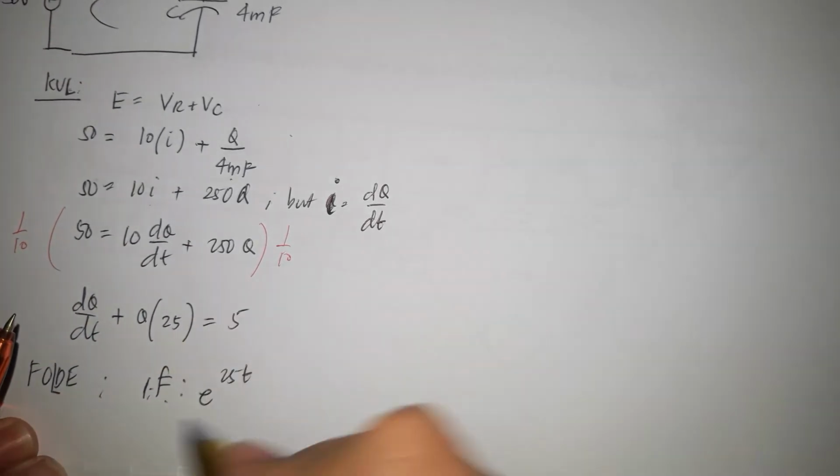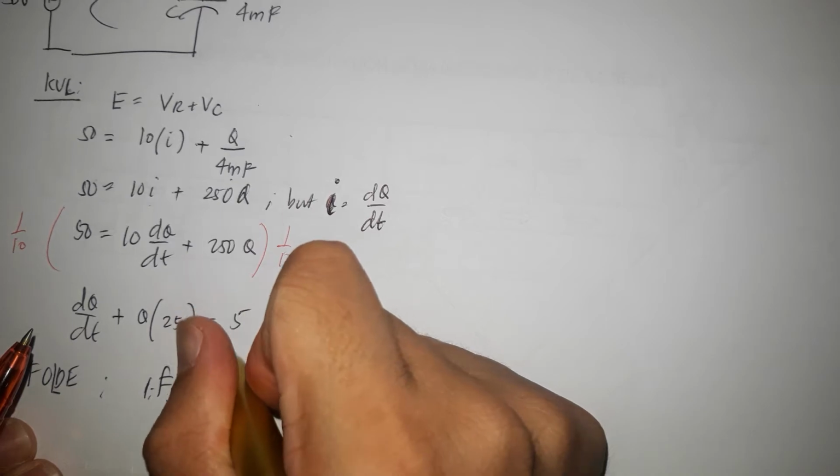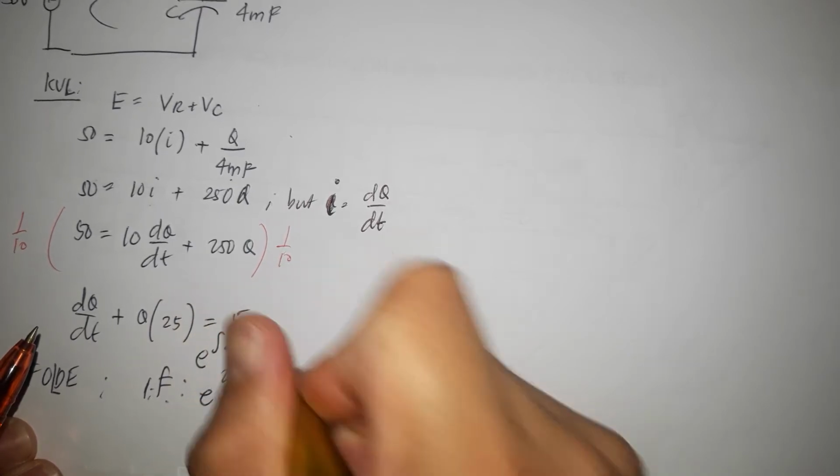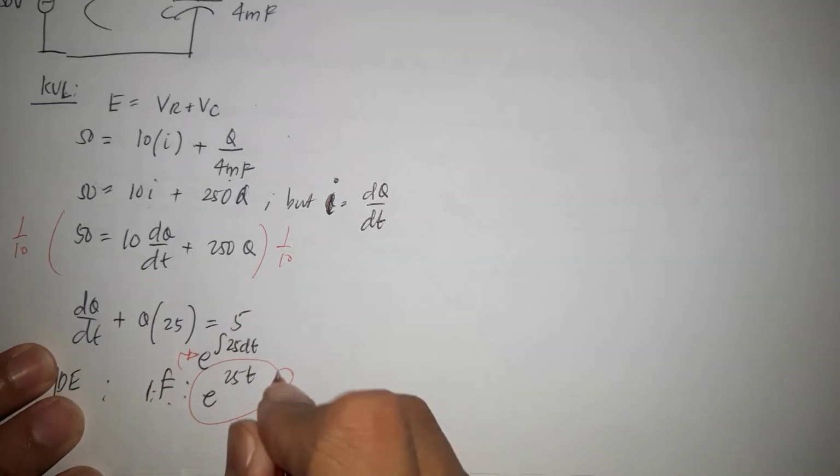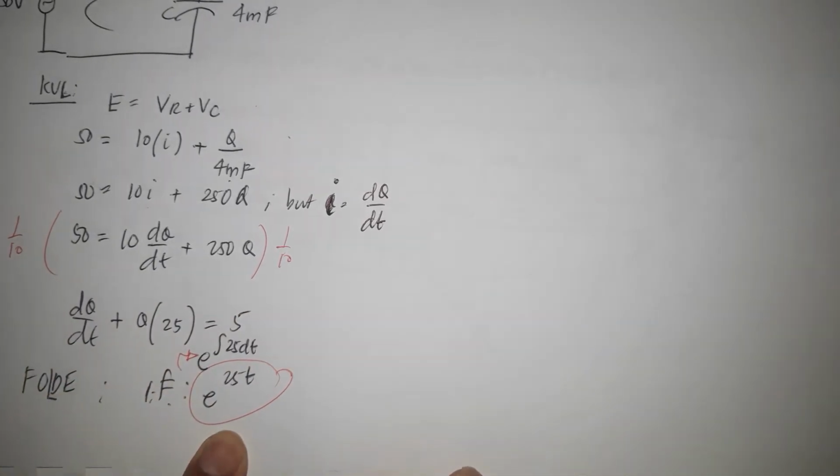Nanggaling yun sa e to the integral of 25 dt. So the simplified IF is e to the 25t.